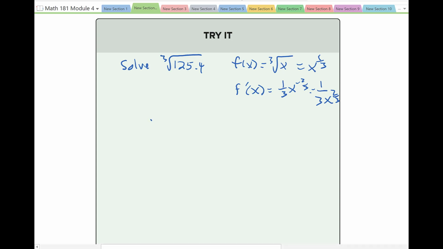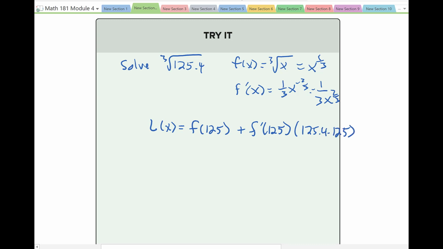So our linear function, L of x, is going to be defined by f of 125 plus f prime of 125 times our 125.4 minus 125.